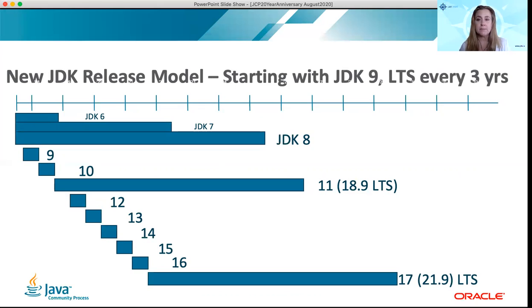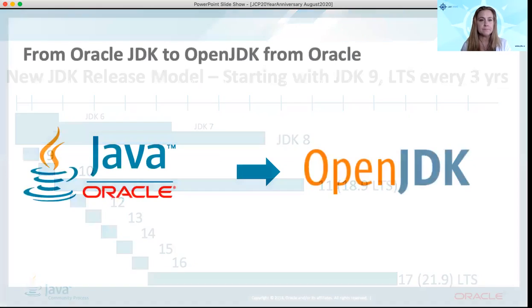And again, because there's multiple choices of implementation in the community, many other members of the community also are offering long-term support releases. So Java 11 was the first official long-term support release, and Java 17 will be the next long-term support release.